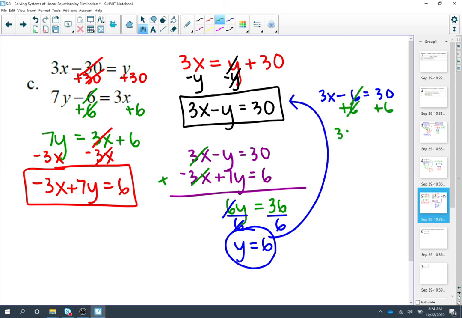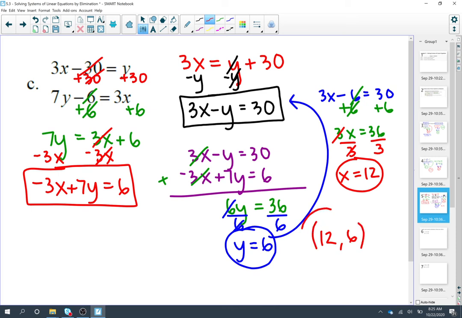So 3x equals 36. Divide by 3. X equals 12. And then final answer, write it as an ordered pair. 12, 6 is the point on the graph where those two equations intersect.